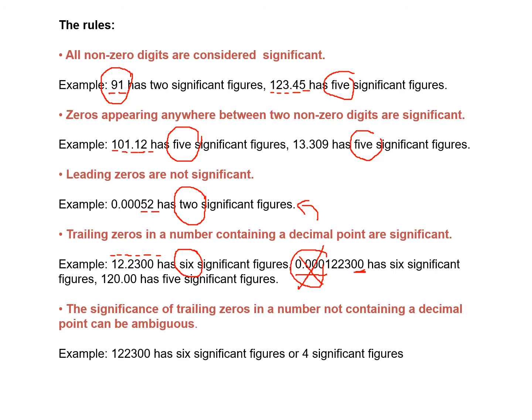So in this case, 122300 is considered as 6 significant figures, while 120.00 has 1, 2, 3, 4, 5, 5 significant figures.